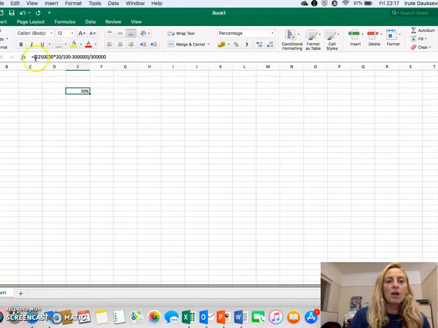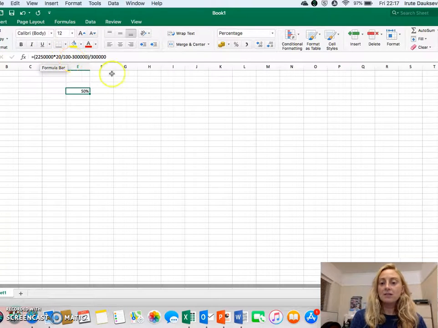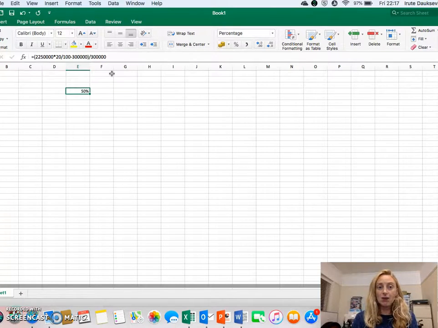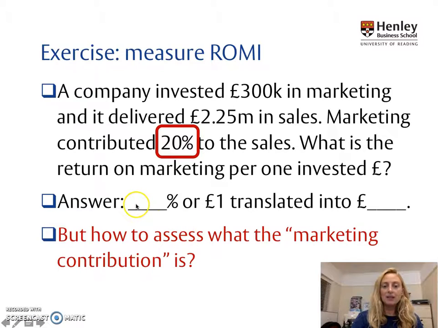So £2,250,000 times 20%, and this gives return attributable to marketing, minus 300,000 marketing cost, and all that is divided by 300,000. And what did we get? We got 50%. So we can see that the return on marketing investment here is 50%.